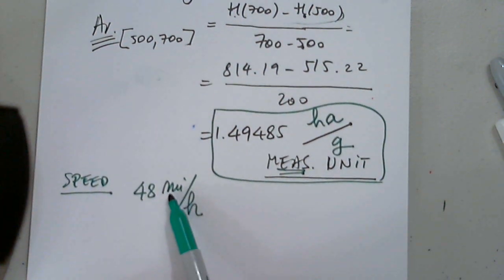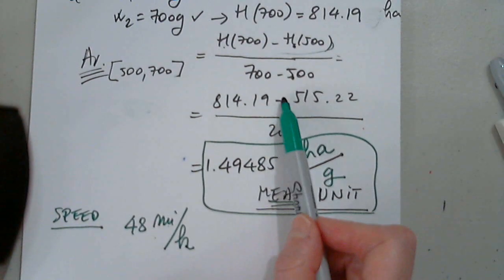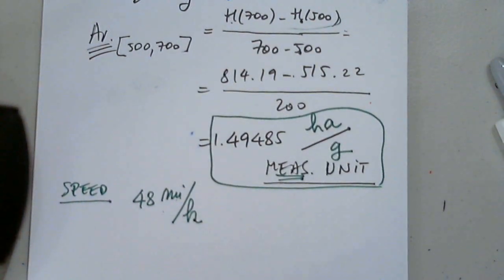That's why the speed is 48 miles per hour: the measurement unit for the top over the measurement unit of the denominator. Okay? Good. Oh yeah, we have part B. Sorry. Okay, can anyone look at this part B and tell us what this represents?